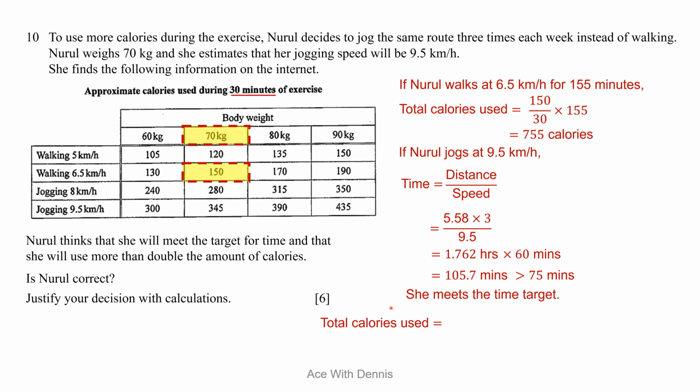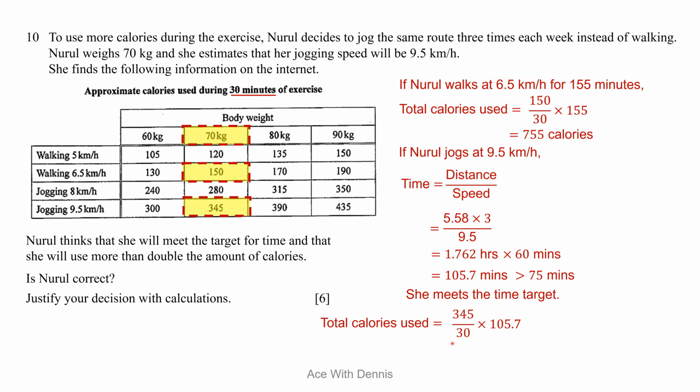Now, we want to calculate the total calorie use if she jogs. Then we need to look for this column. Jogging at a speed of 9.5 kilometers per hour, the calories used will be 345 calories in 30 minutes.